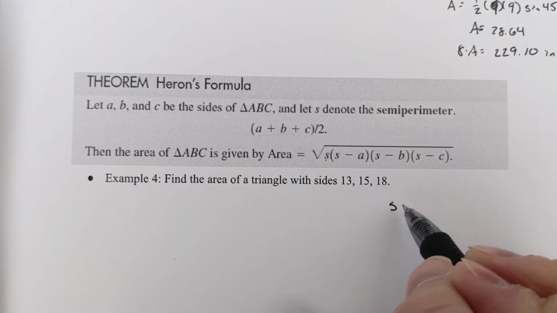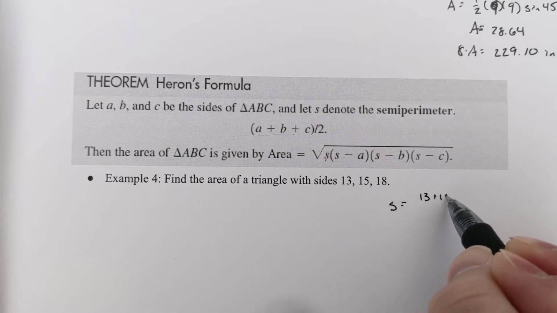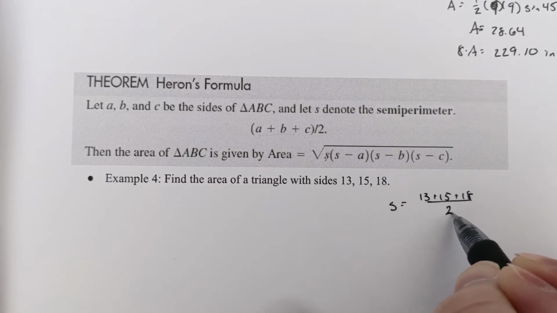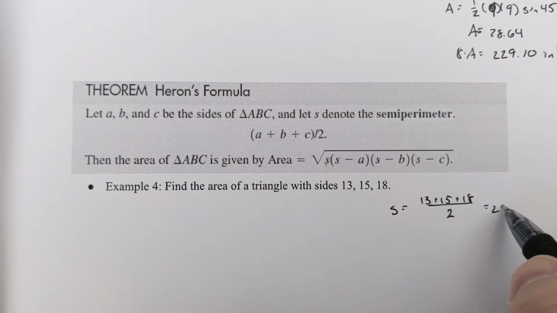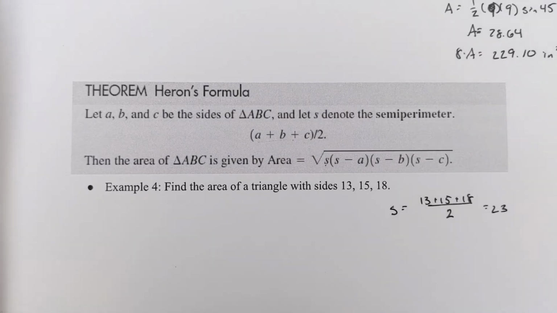So the first thing I need to do is figure out what s is. So 13 plus 15 plus 18 divided by 2 is 23. And then I just fill in the formula and let my calculator handle the rest of it. So let's see here.